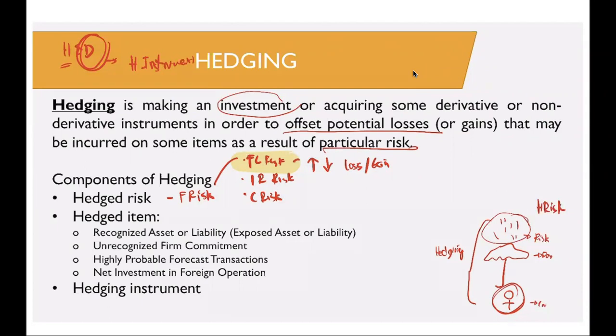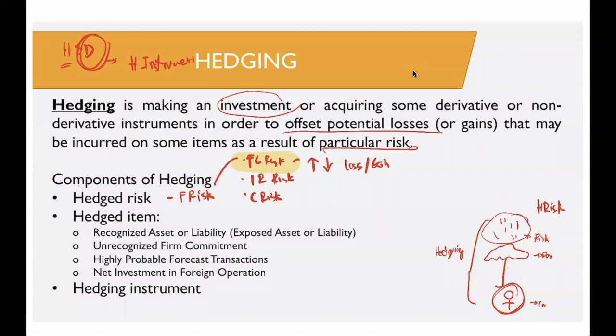Next, we talk about the hedged item. When we talk about a hedged item, this is the item that you protect because of a possible risk. So what are the hedged items under accounting? We have four hedged items under accounting. The first hedged item is the recognized asset or liability, or your exposed asset or liability.